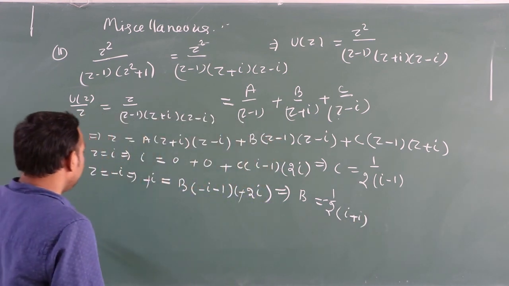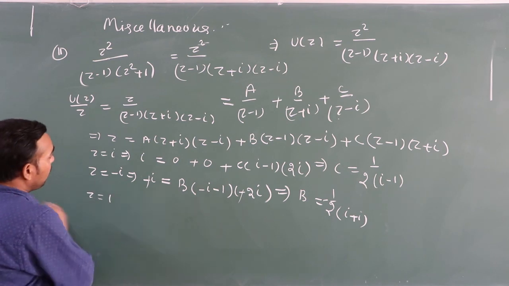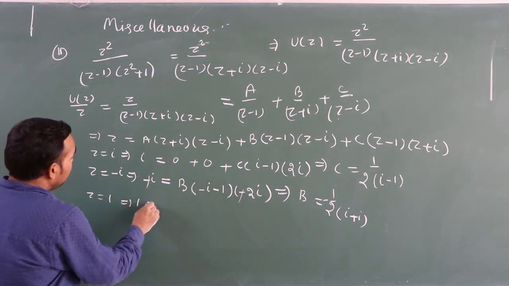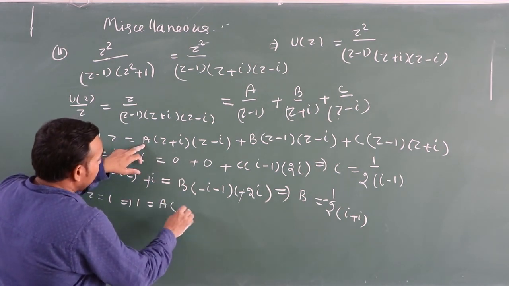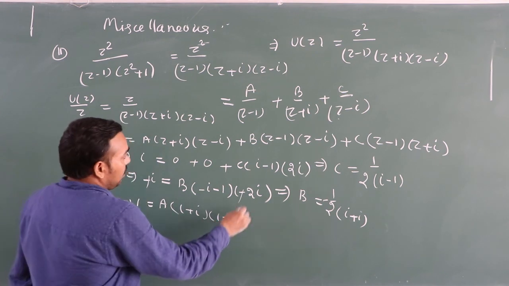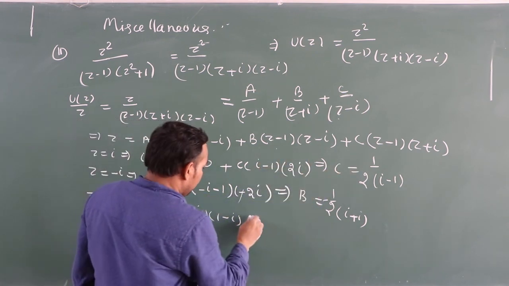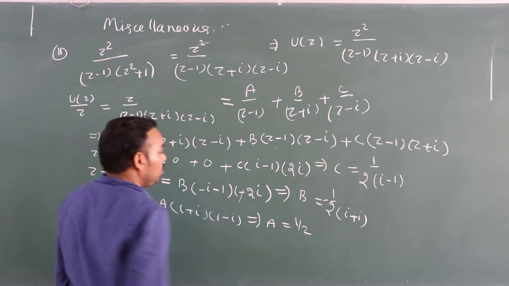Again, if you write z equal to 1, we get 1 equals A times (1 plus i)(1 minus i), with the other terms going to 0, which implies that A equals 1 upon 2.